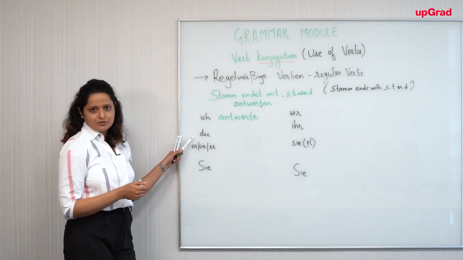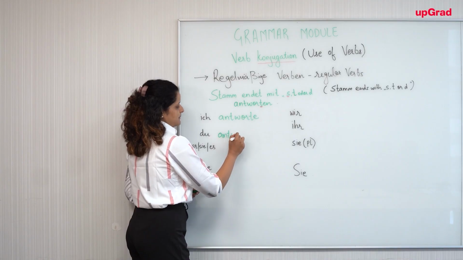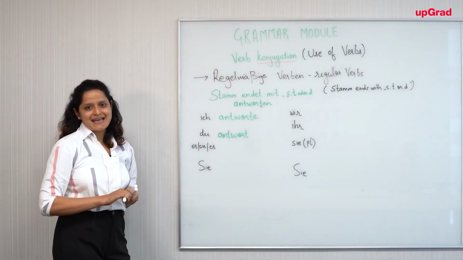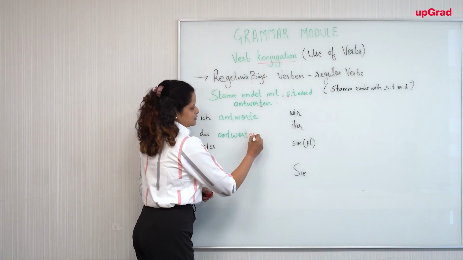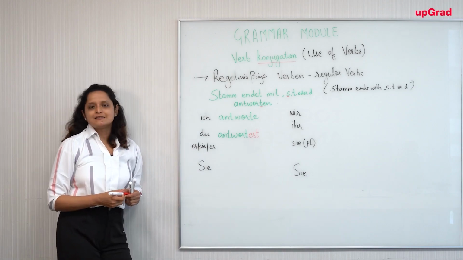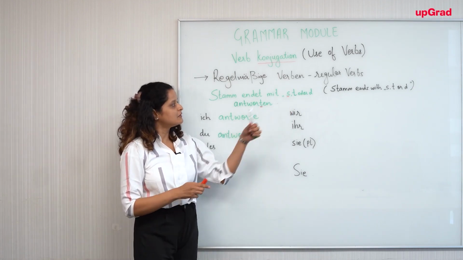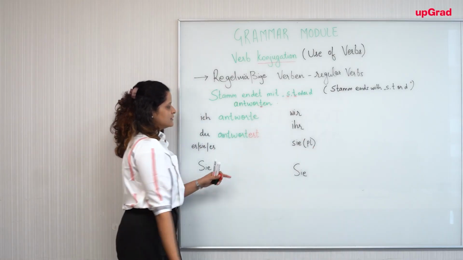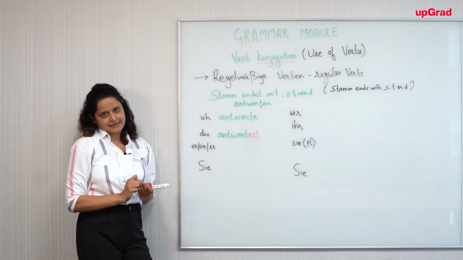When we conjugate du, the stem remains the same. What you do here is instead of adding ST, we add EST. So your conjugation becomes du antwortest. This is a grammar rule that needs to be followed. So whenever you are conjugating verbs with the stem ending in T, the du conjugation will have EST as the ending.